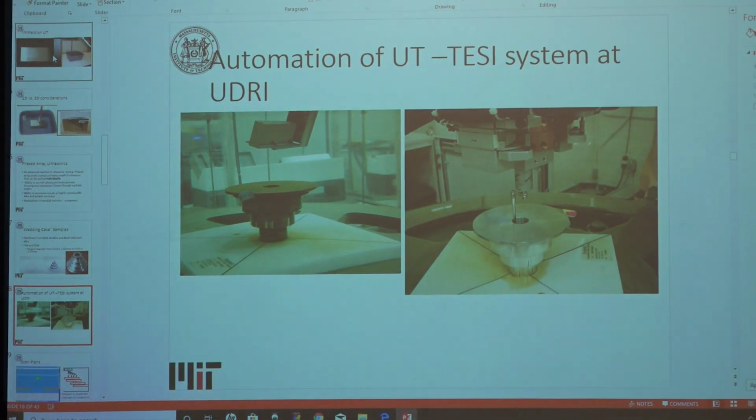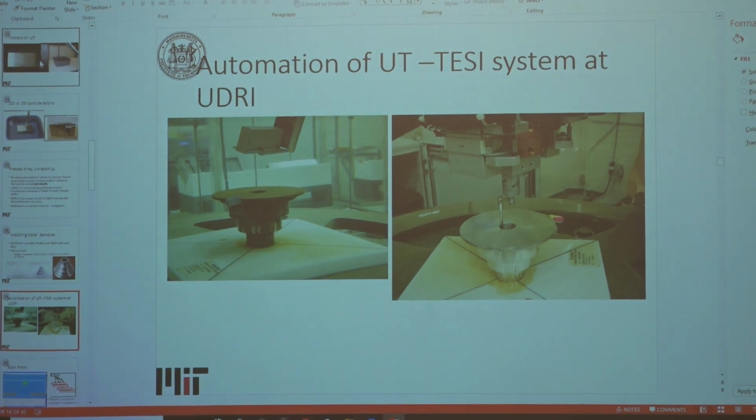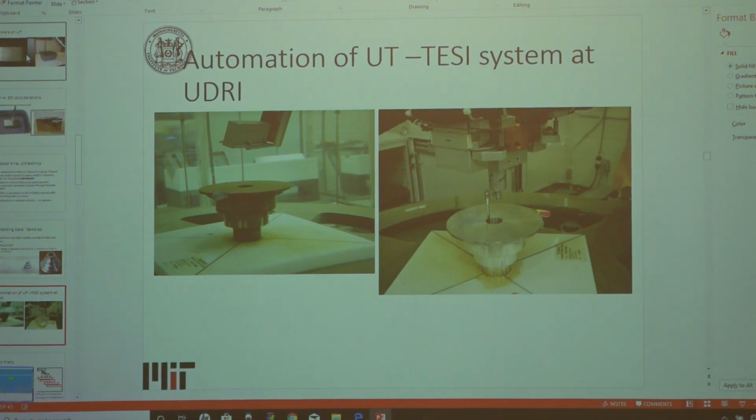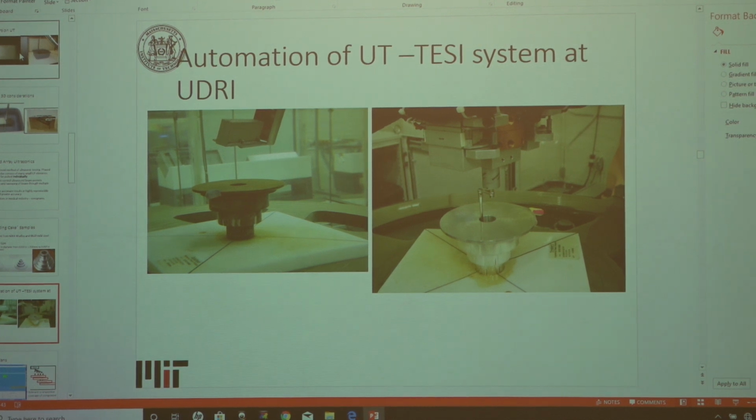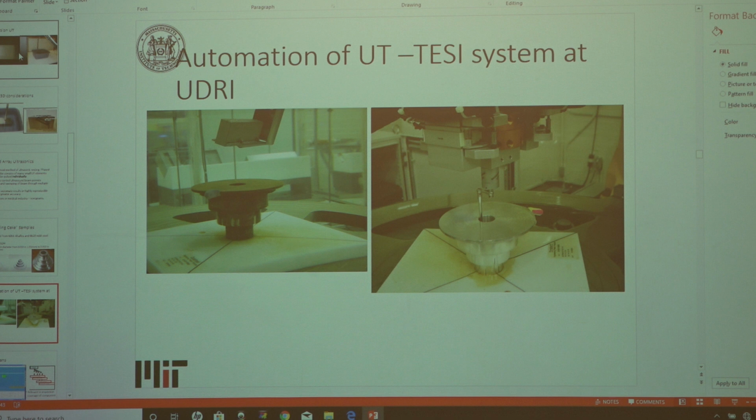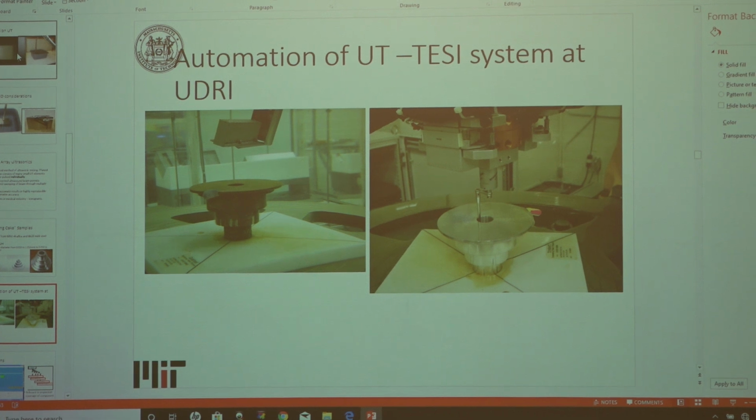This was an automated immersion system out at the University of Dayton Research Institute, which is basically where Wright-Patterson Air Force Base is. This was a program doing inspection of discs and blades and trying to automate the UT process.